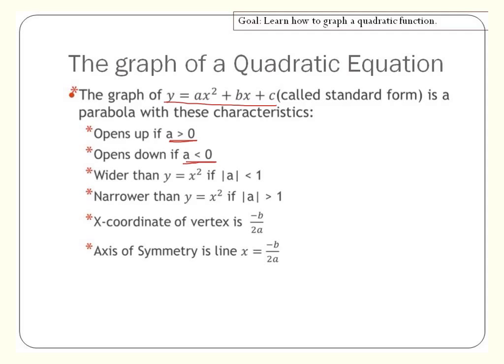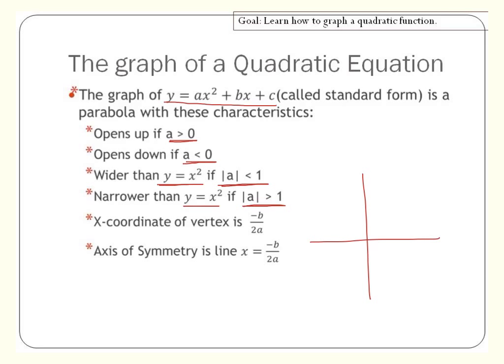If the absolute value of a is less than 1, meaning it's between 0 and 1, your parabola is going to be wider than the parent graph, and we call y equals x squared the parent graph. If the absolute value of a is greater than 1, your parabola will be narrower than the parent graph.